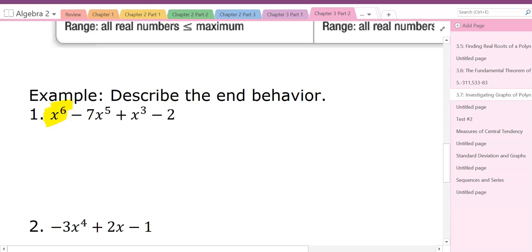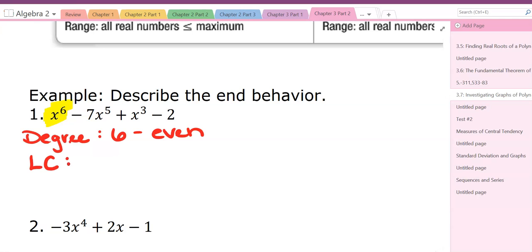That would be its degree, which is an even number. 6 is even. Okay, the leading coefficient, I'm going to abbreviate that with LC. What number's in front of x to the 6th power there? 1. Okay, and it's positive.